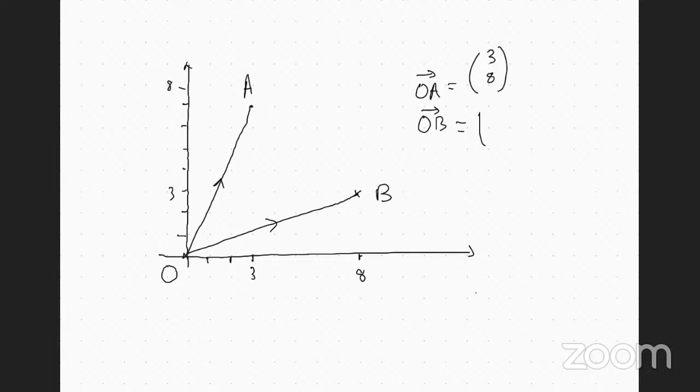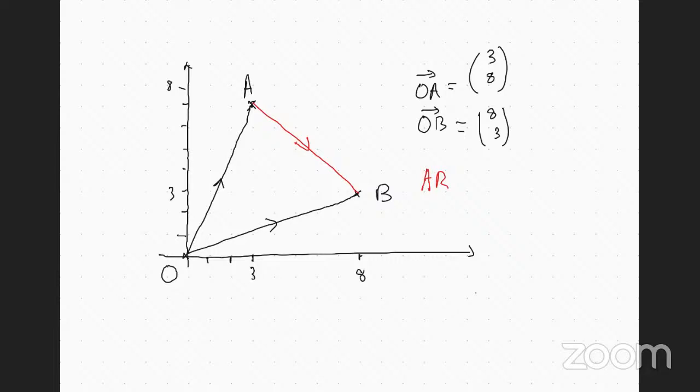So here's what displacement vectors allow us to do. We know what OA is, we know what OB is, but we do not know what the vector AB is. I want to find AB. Displacement vectors allow us to find unknown vectors.